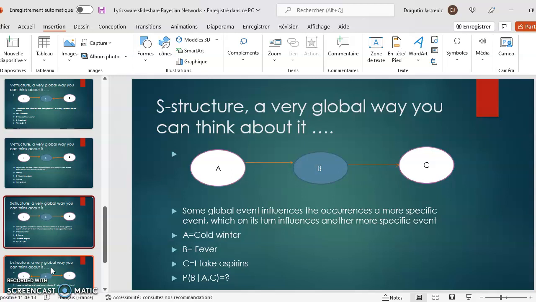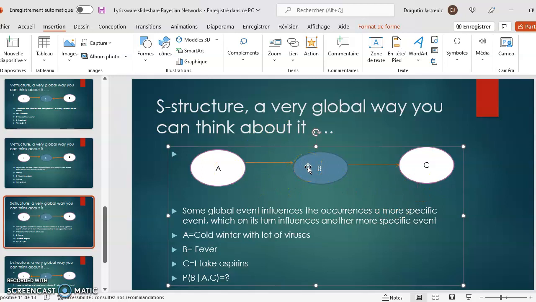So if there's a cold winter with a lot of viruses, I can catch a fever, and then I take aspirins. That is why I have colored this node differently. Once I know that I have a fever, the cold winter with a lot of viruses does not influence the C event.